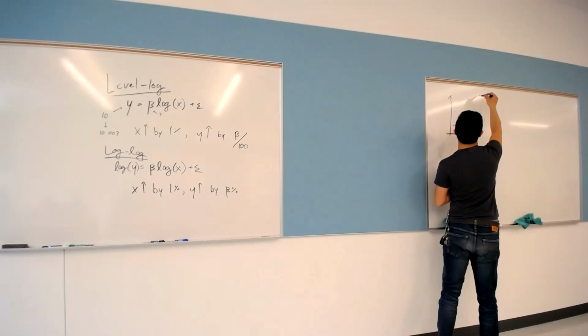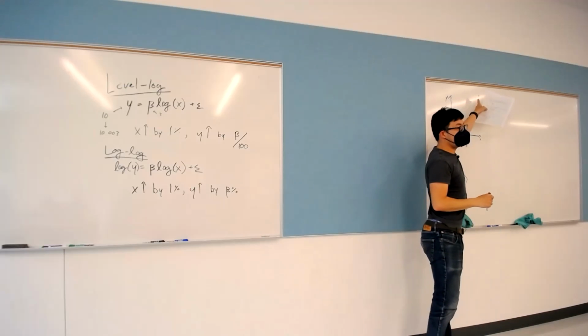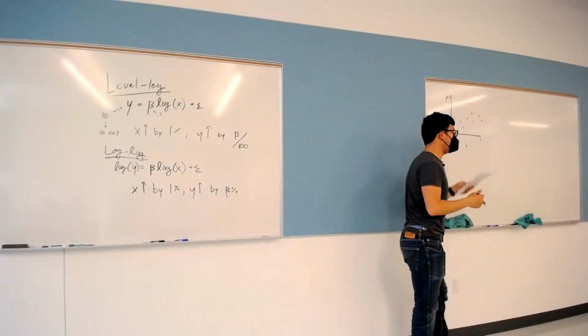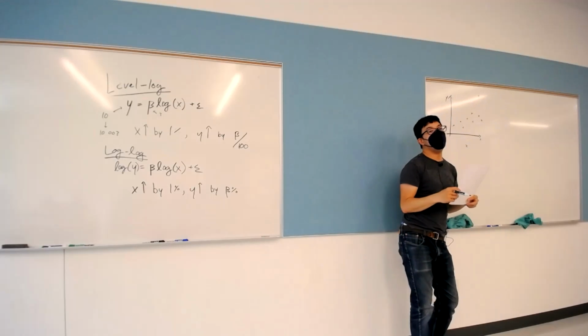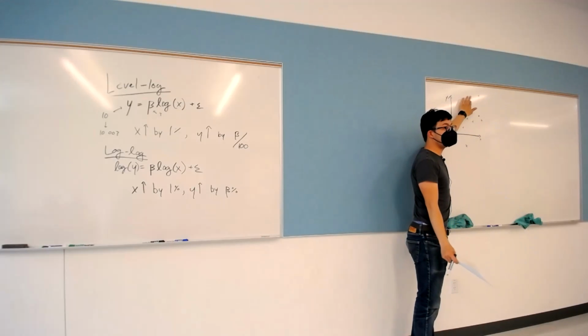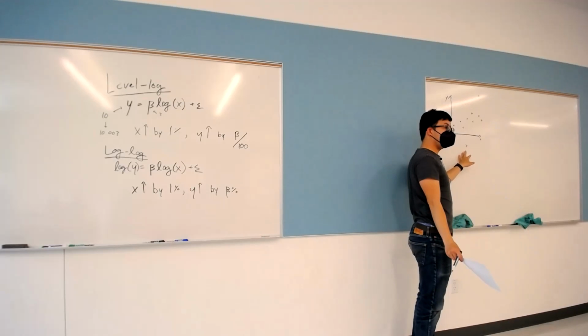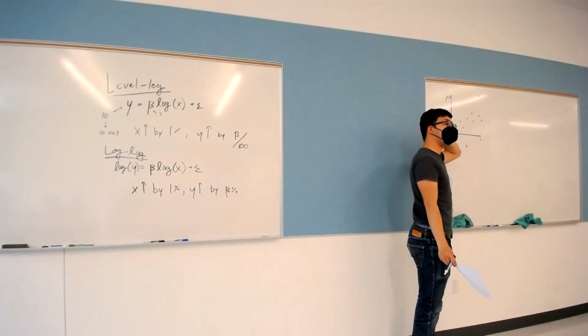But I intentionally made it a little bit tricky by adding in a couple points like this that are a little bit farther out, okay? So you might have heard of this before. People call these outliers. So what are some ways we can think about these outliers?